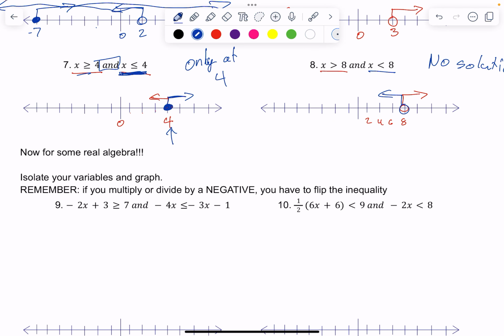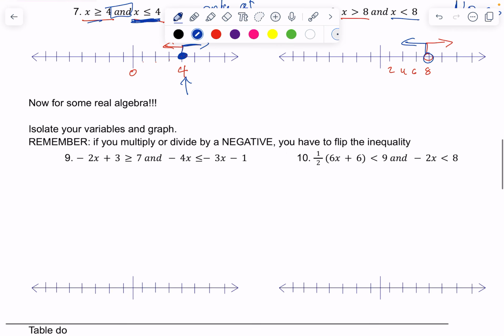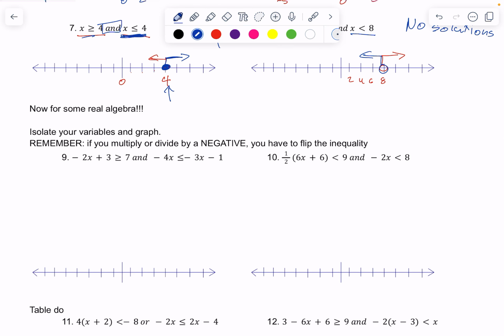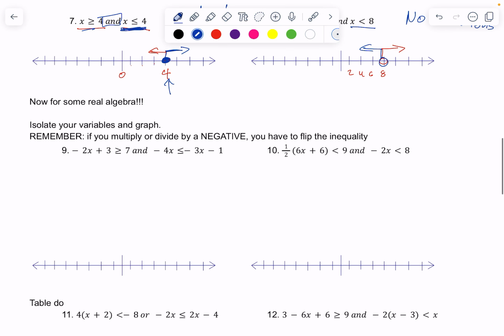All right, let's play some real algebra. Let's clean up some of these numbers. I have negative 2x plus 3 is greater than or equal to 7. Let's clean this one up. Let's isolate my variables. So I can just have minus 3, negative 2x is greater than or equal to 4.